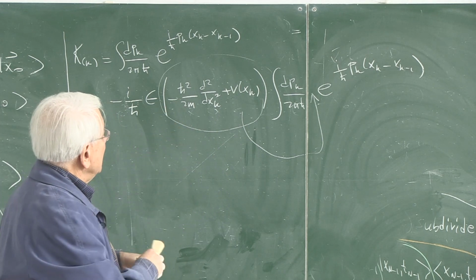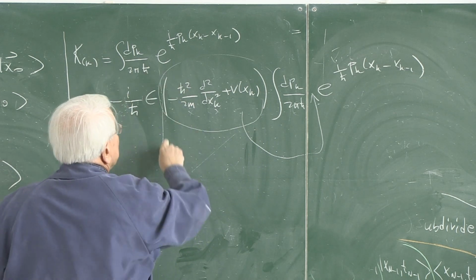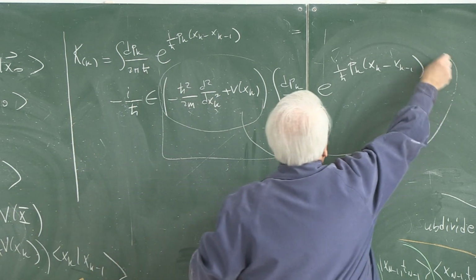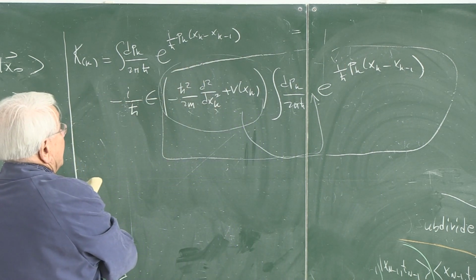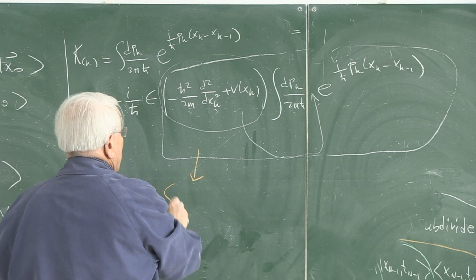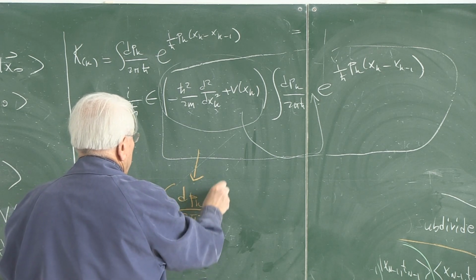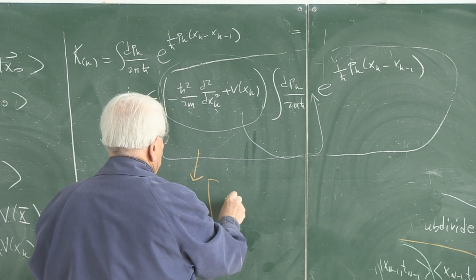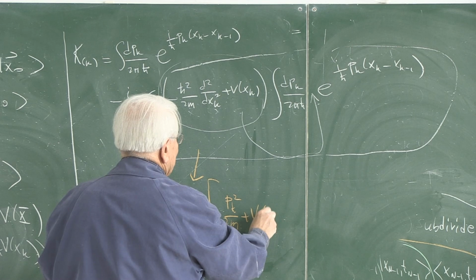The h bar cancels, and it enters in here. Let me write this after it entered. After it entered, it becomes the integral dpk divided by 2 pi h bar, times pk squared divided by 2m plus V of xk.